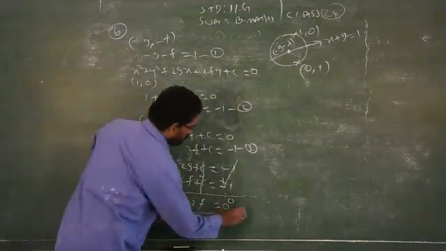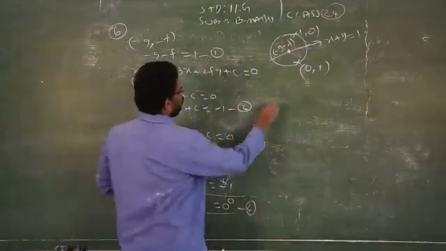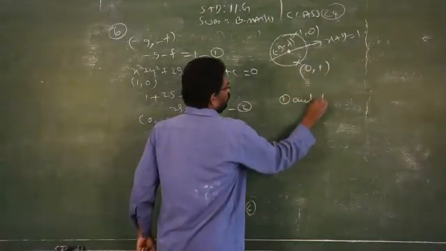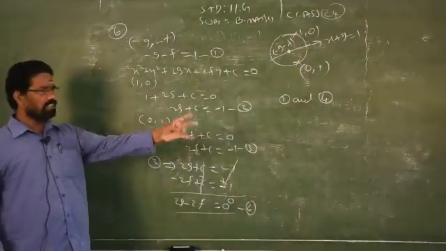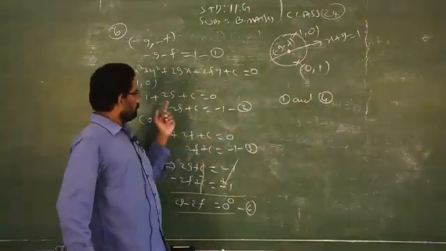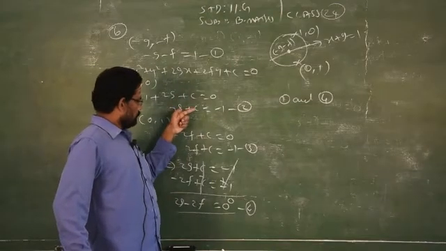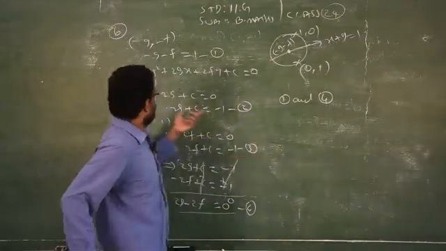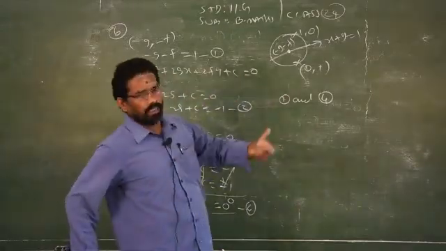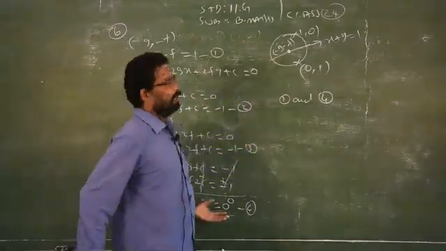Now we can take equation number 1 and 4, apply the elimination method for these two, find g and f, then substitute in either equation number 2 or 3 to find c. After that we can replace in the general equation of the circle, like what you did in the previous problem. Clear? So you will get the answer.